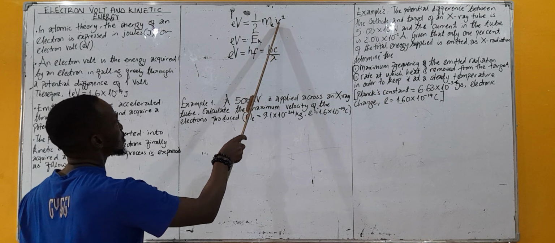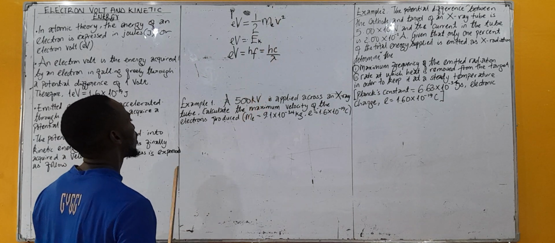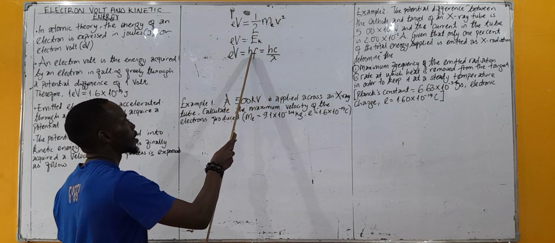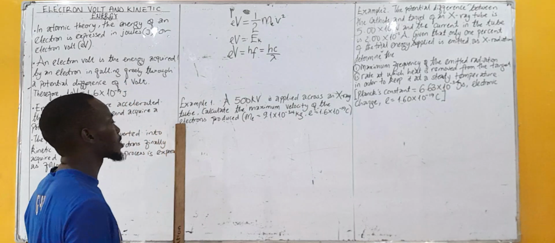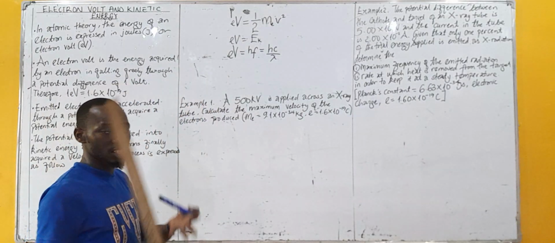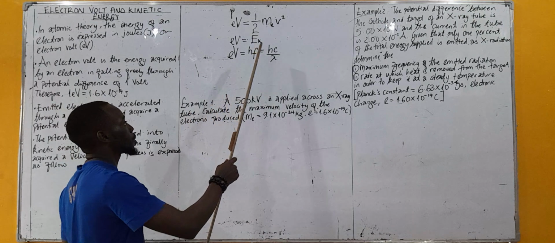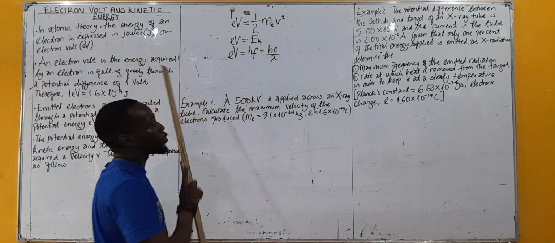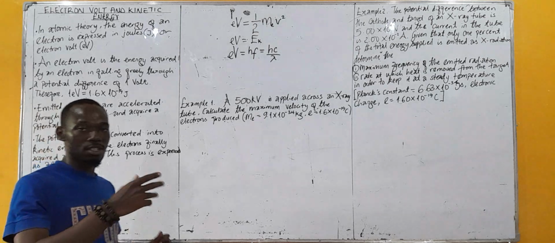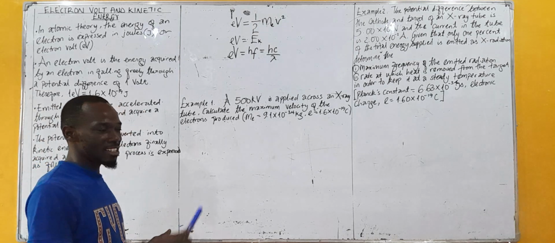And this is velocity. h is a constant, 6.63 times 10 to the power of minus 34 joule seconds. And this is frequency. c is the speed of light, which is 3.0 times 10 to the power of 8 meters per second.